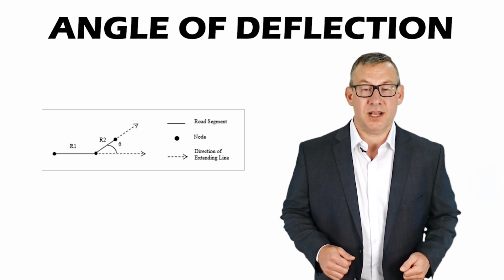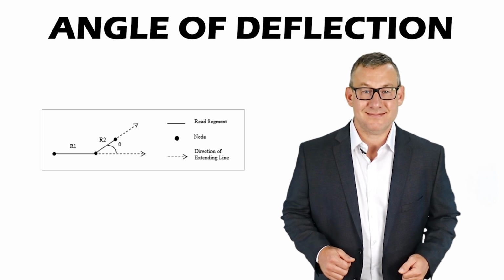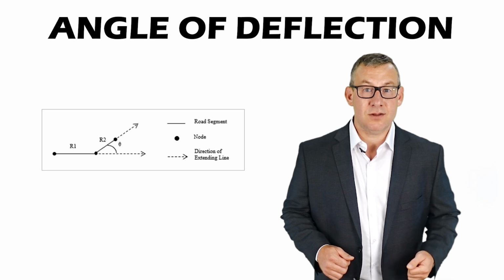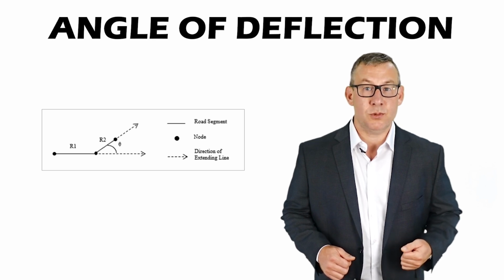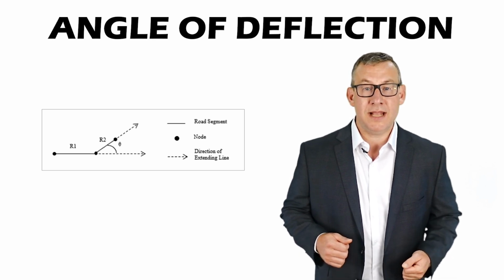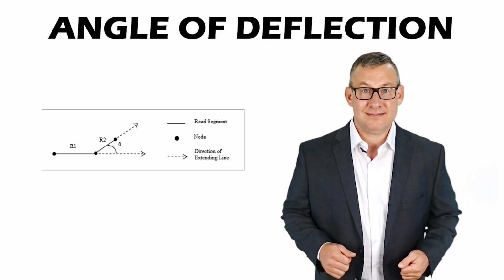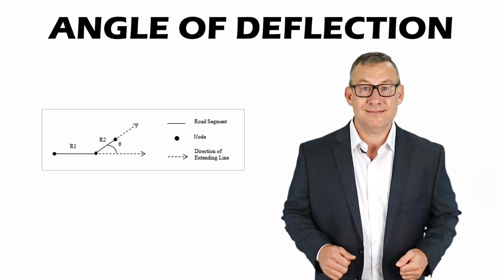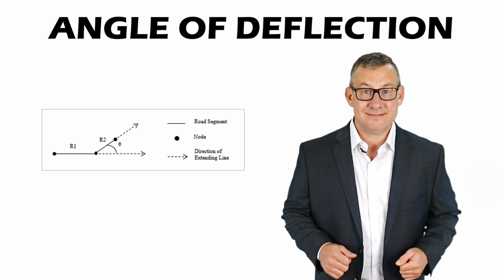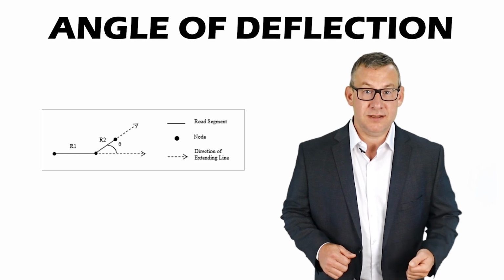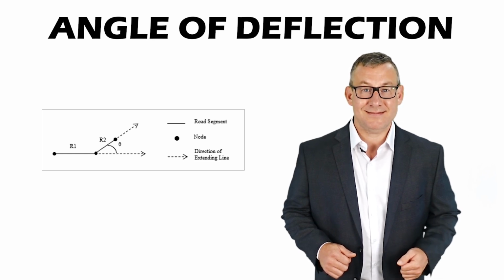The angle of deflection. The angle of deflection is the angle between a line and the prolongation of the preceding line. It is recorded to the right or left of the preceding line. Angle of deflection is used in surveying.